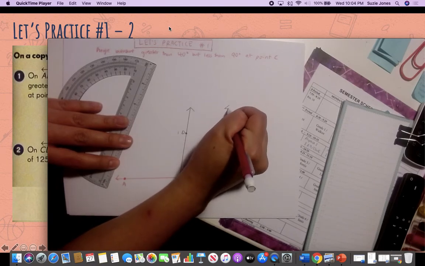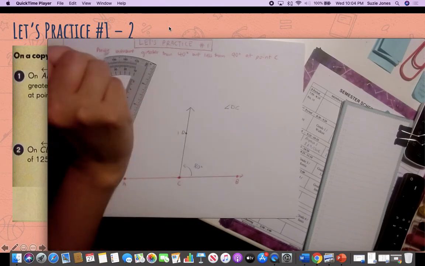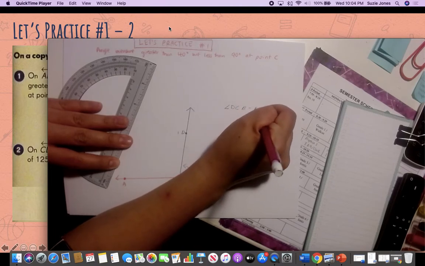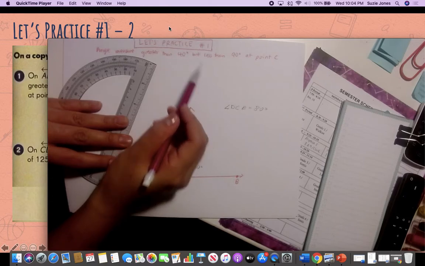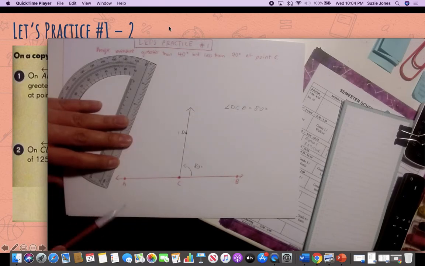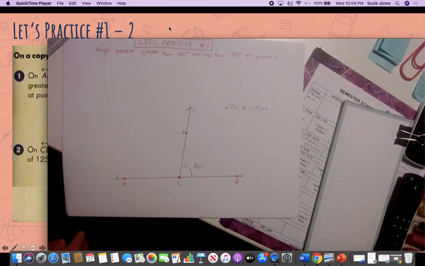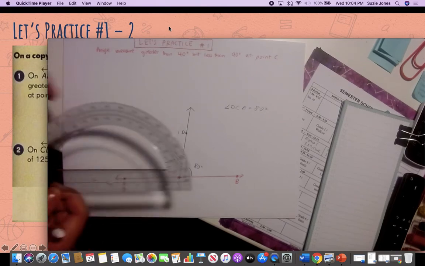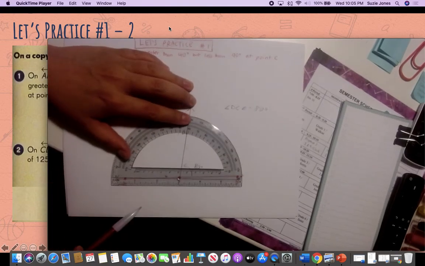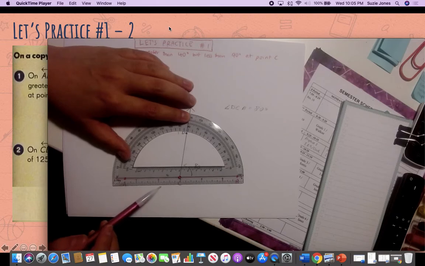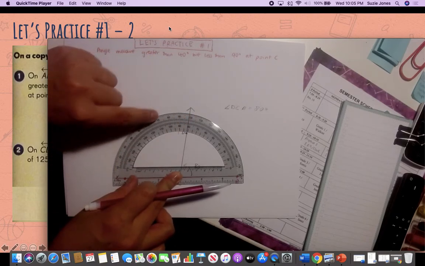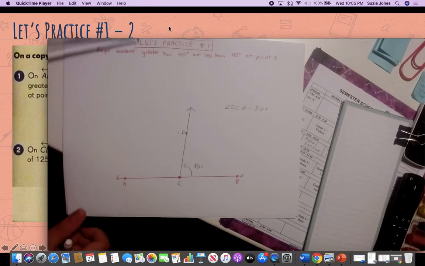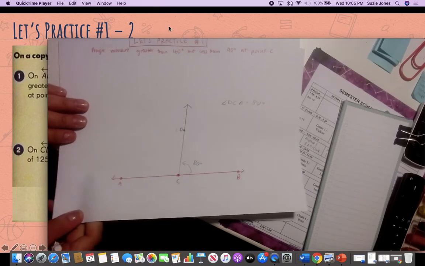So my angle DCD is equal to 80 degrees, which meets the conditions here. It's greater than 40 but less than 90. And that's using an inner scale. You can also use the outer scale. It's just that your angle will be starting from here and then it'll go up here. Now I just used the inner scale in this example.